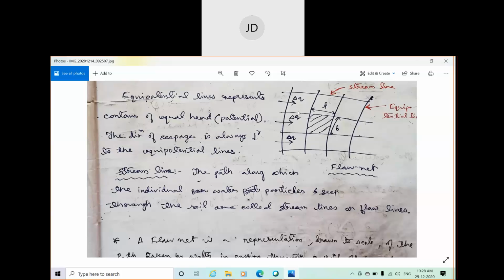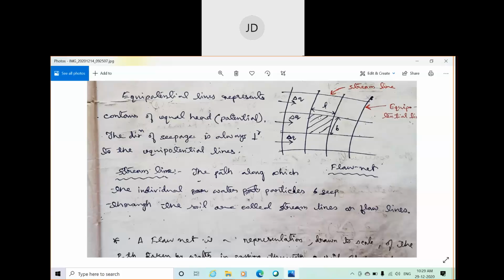This particular area between two successive streamlines and two successive equipotential lines, this enclosed area, is known as a field. What is the significance of this field? It is approximately square.